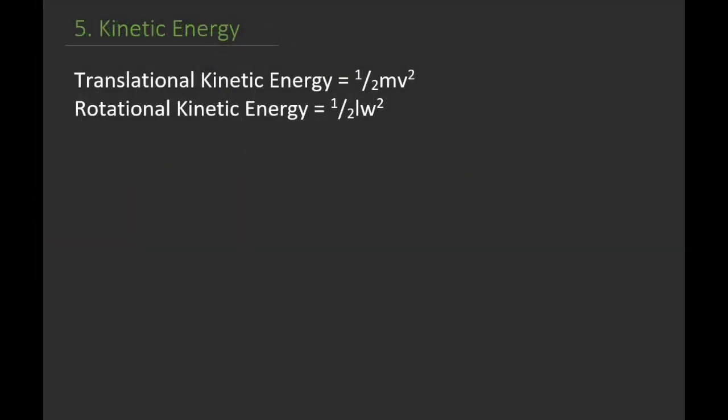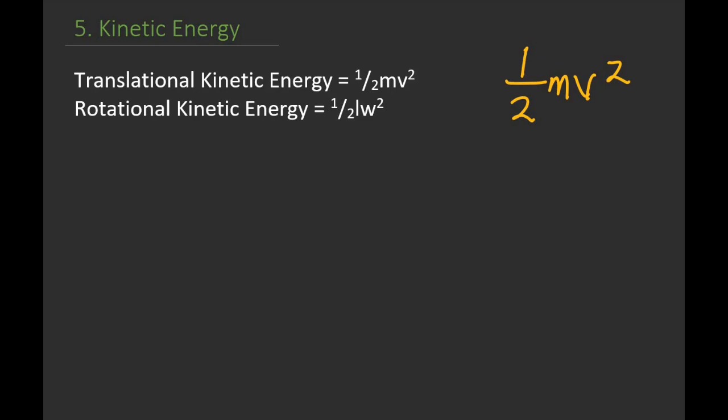For the fifth physics formula you must know before you take your JAMB examination, it is kinetic energy. I want you to know that anything that moves has kinetic energy. And the equation for kinetic energy is 1/2 mv squared. But if the velocity is 0, what then happens?